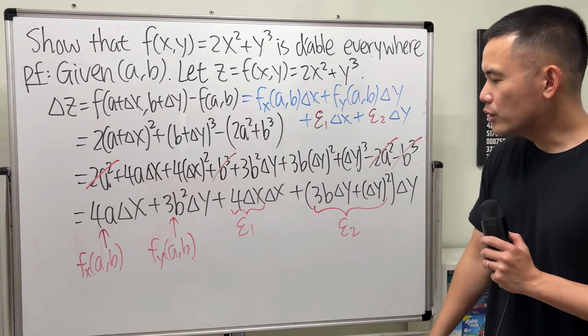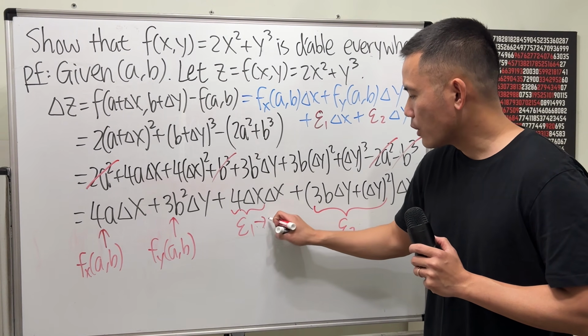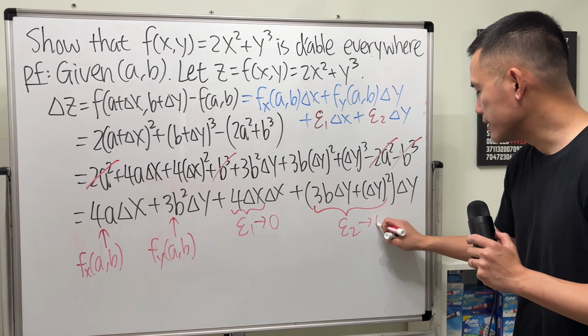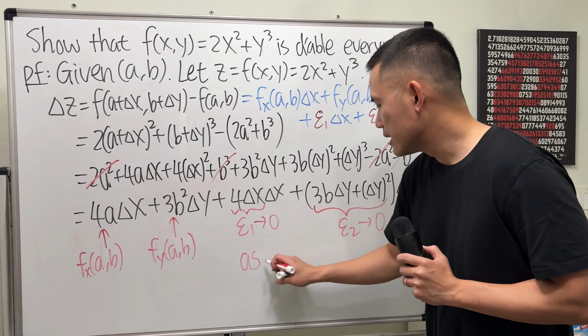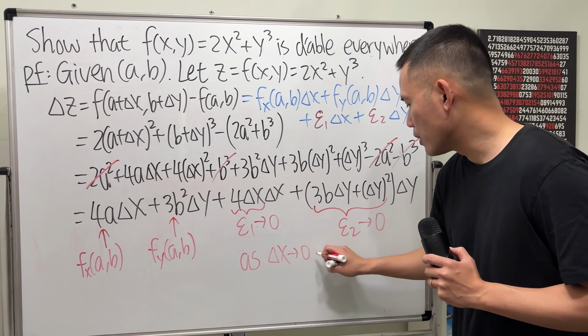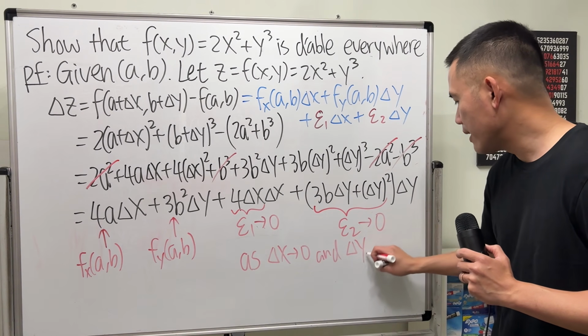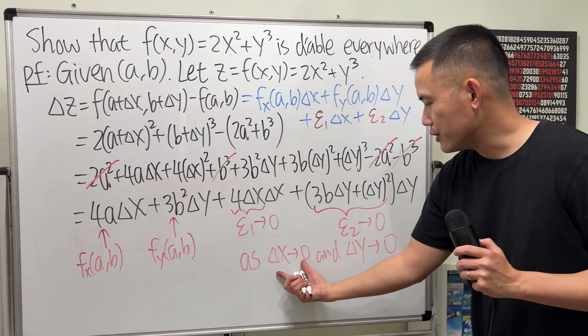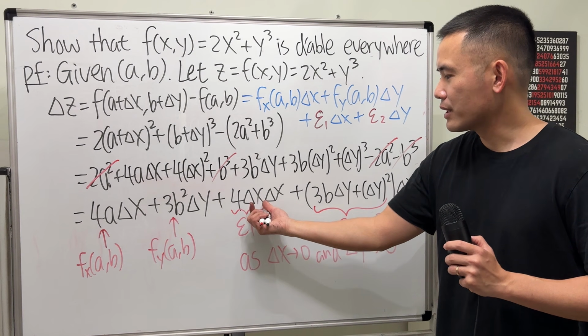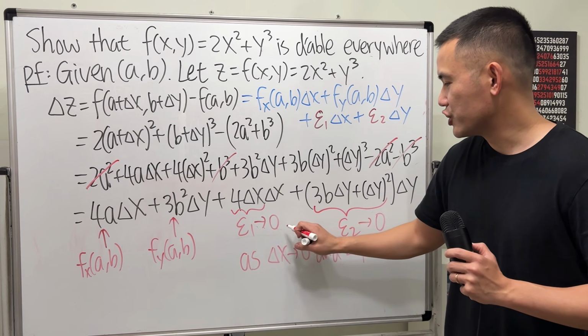And finally, we just have to make sure that epsilon 1 approaches 0, likewise epsilon 2 should also approach 0, under the condition that delta x approaches 0 and delta y approaches 0. Well, when I use this condition here, delta x will of course go to 0, so this right here checks.